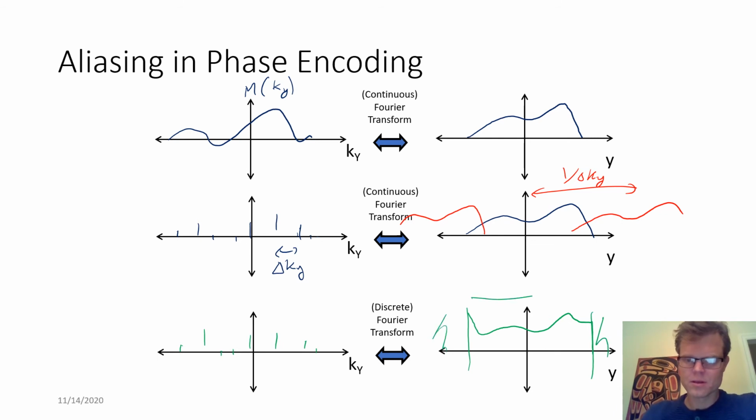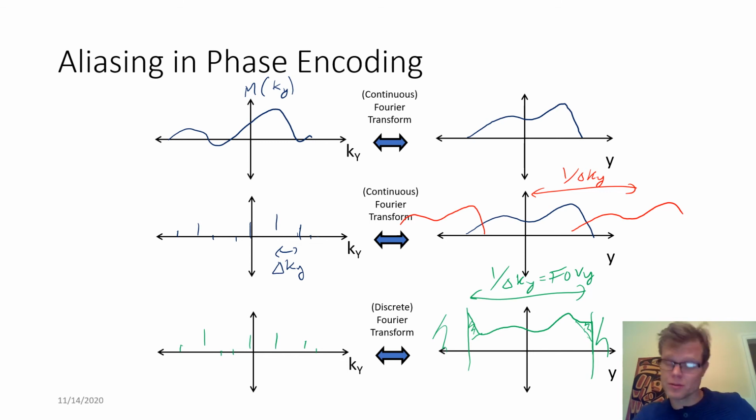Here's our field of view, and I sort of have these little bits of aliasing folding over. The bottom line here is that in the phase encoding direction, we absolutely can have aliasing. So we need to be much more careful with our sampling in the phase encoding direction.